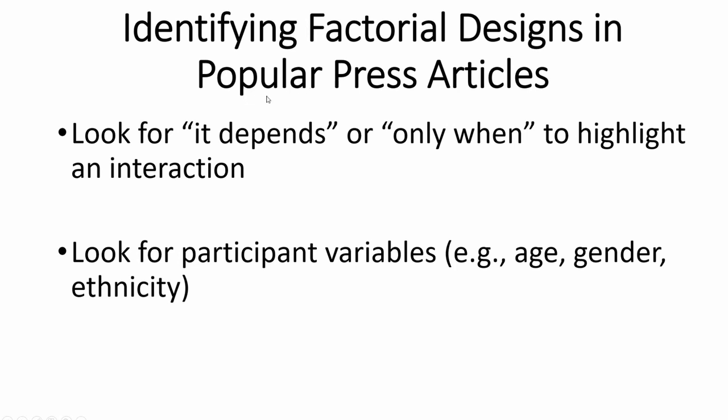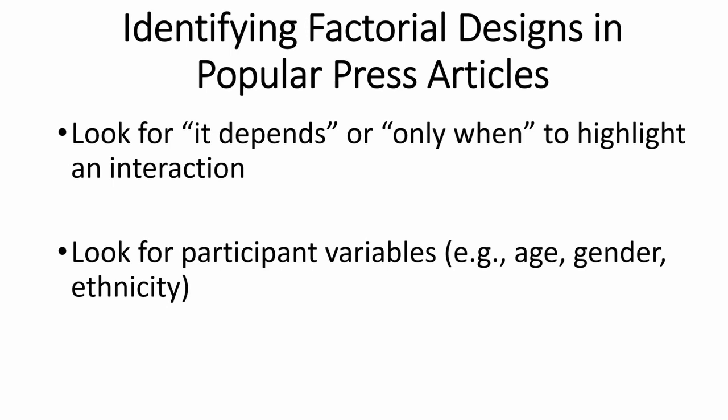When it comes to popular press articles in the media, it's a little bit harder to identify these factorial designs. Popular media articles tend not to specify what kind of design was used, because journalists are trying to simplify the research so that the general population can understand it.